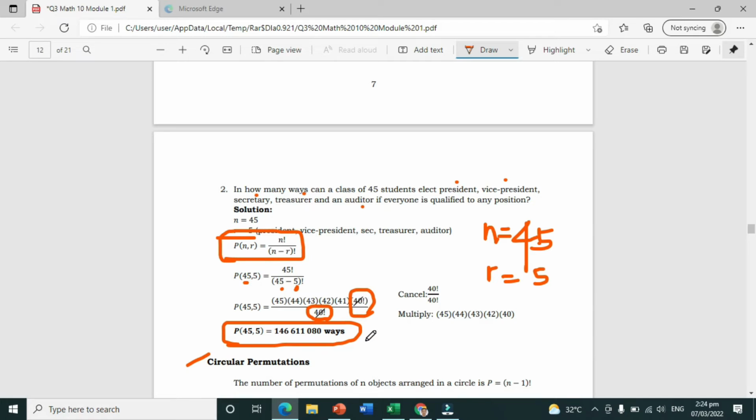Pero kung may calculator ka, that would be the better way niyan is hanapin mo yung 45. Tapos, hanapin mo yung nPr.